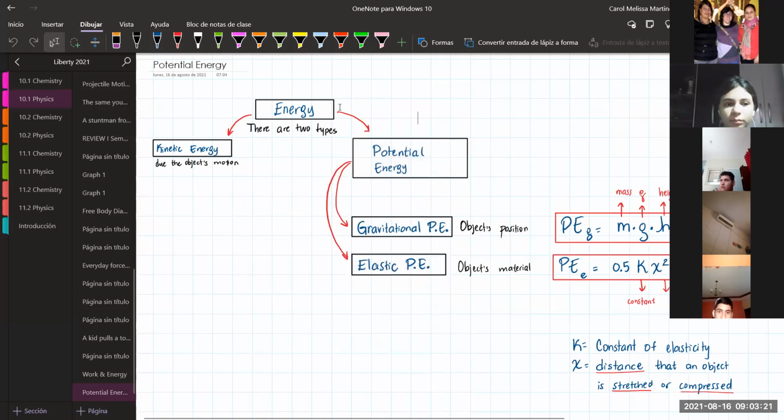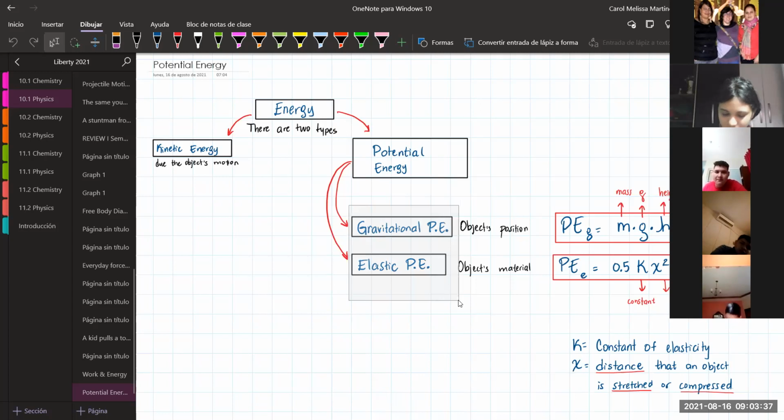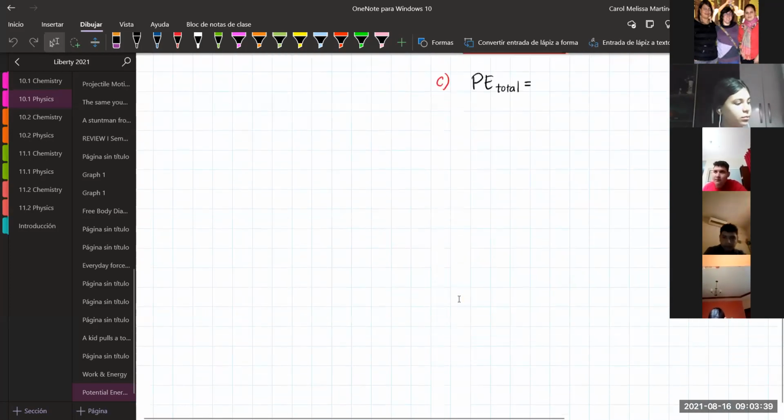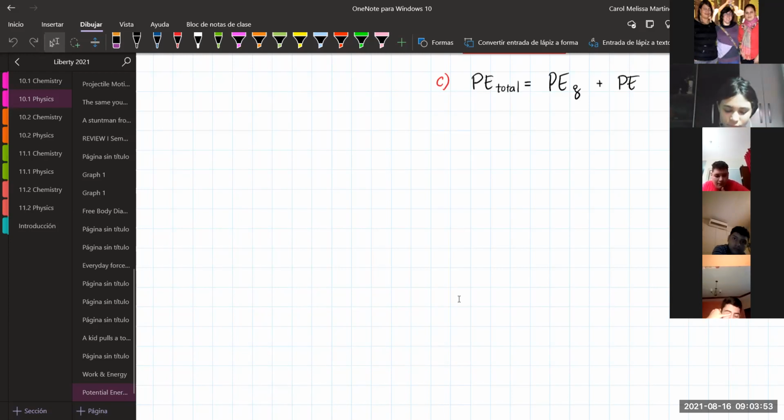So I can transform this map into an equation. I can say that the total potential energy of the system is equal to the gravitational potential energy plus the elastic potential energy.